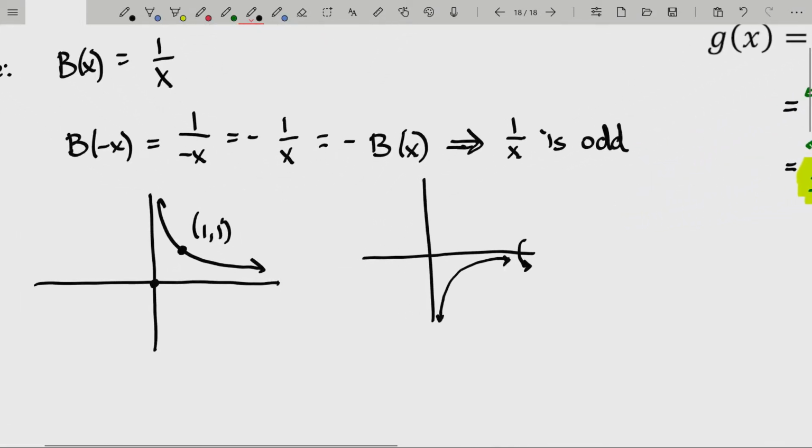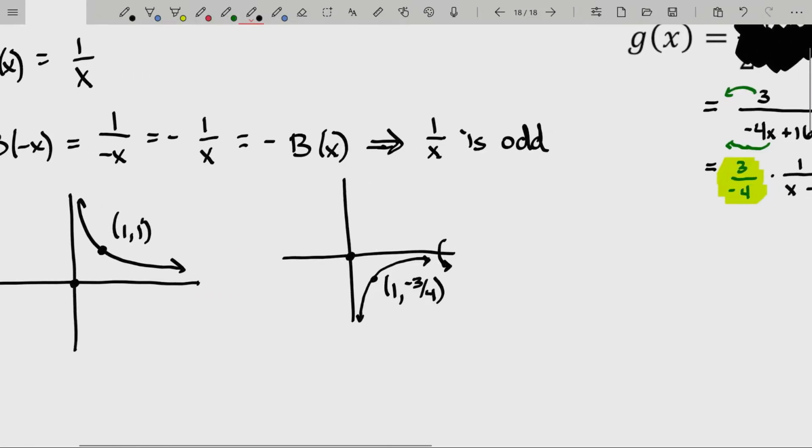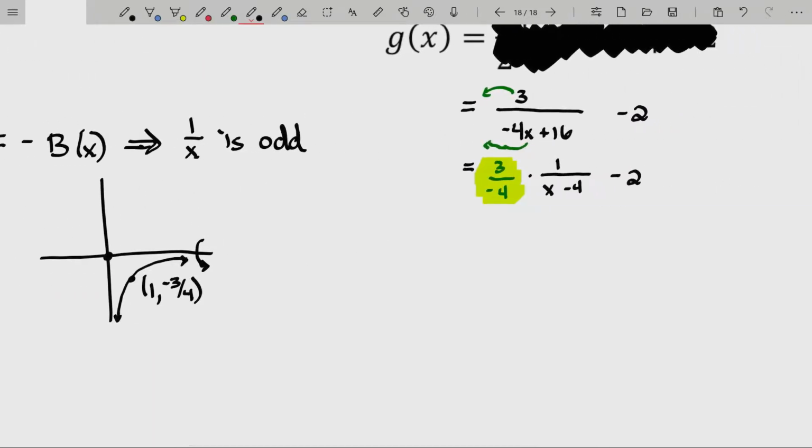And then the y value is no longer at 1, it's at 1 times the negative 3/4. There you go. Otherwise, 0, 0 is still my anchor point, and so is 1 comma negative 3/4 now. So that's done. There are no horizontal stretches or compressions here because we factored it out, which is another conversation in and of itself.